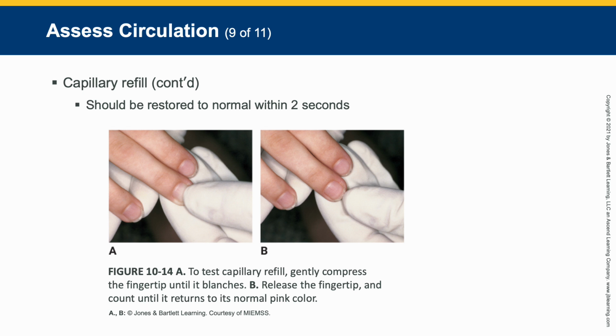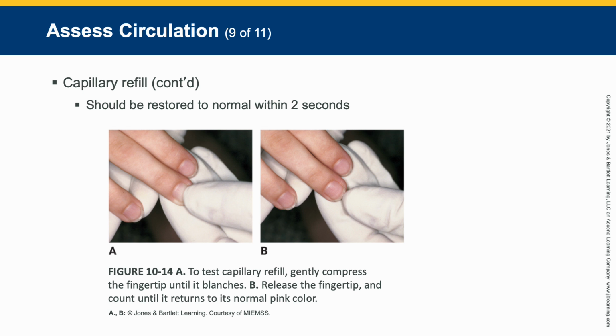Once you release that pressure, time how long it takes for the pink color to return. You can use a simple mental phrase like "capillary refill" to time the return, because that should happen in about the same time it takes you to say the phrase, which is about 2 seconds.